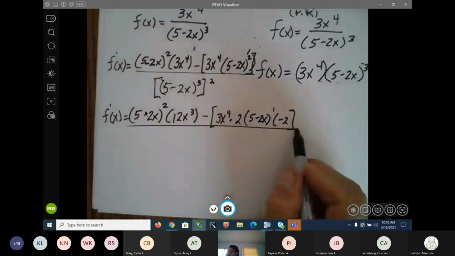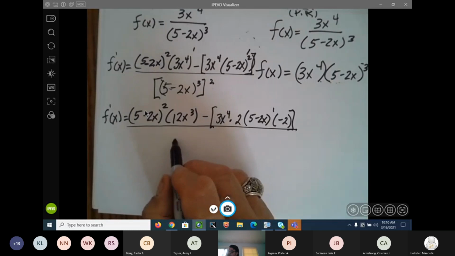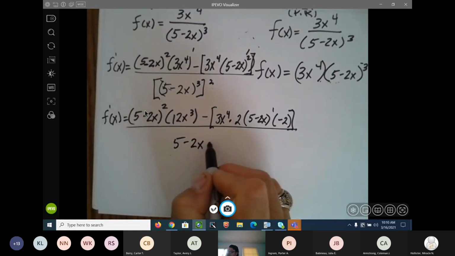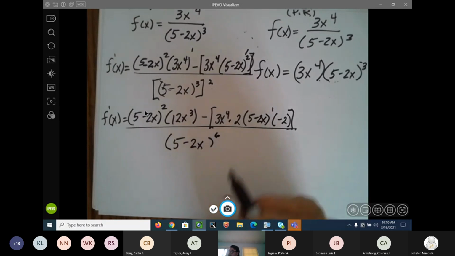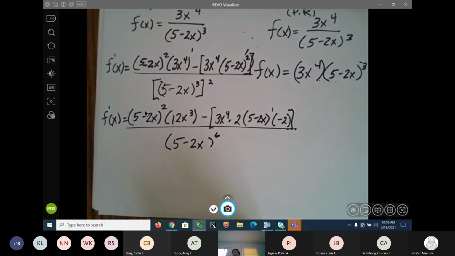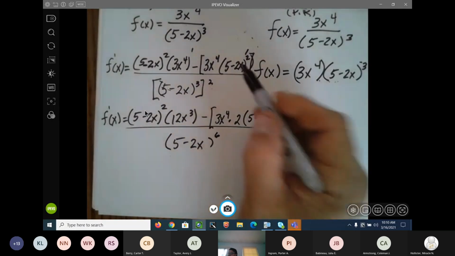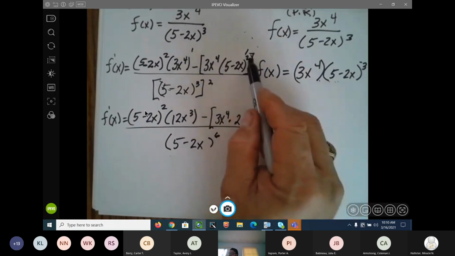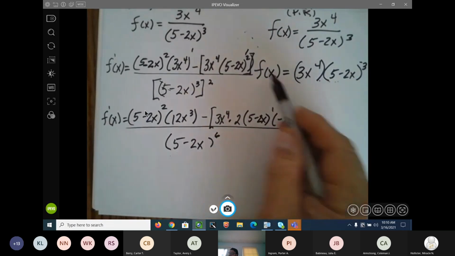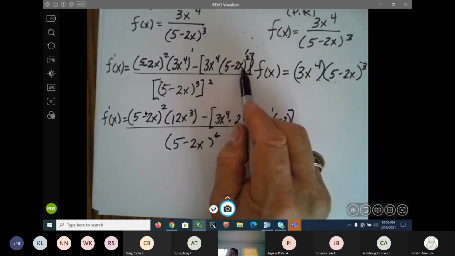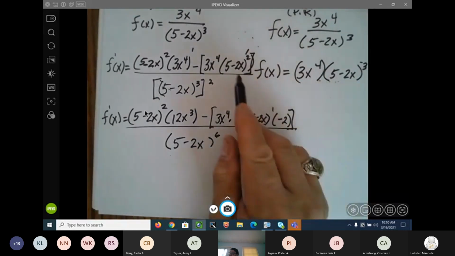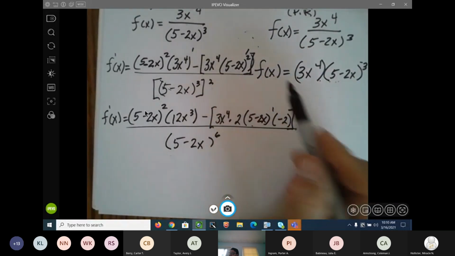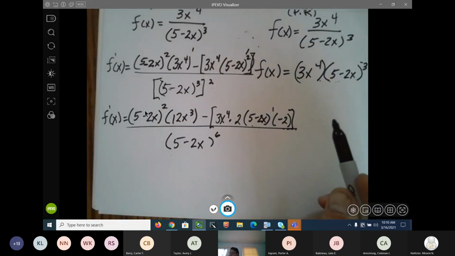Divided by 5 minus 2x to the what power? So the derivative 2 comes out, 5 minus 2x, 2 minus 1, and then the derivative of 5 minus 2x is negative 2.